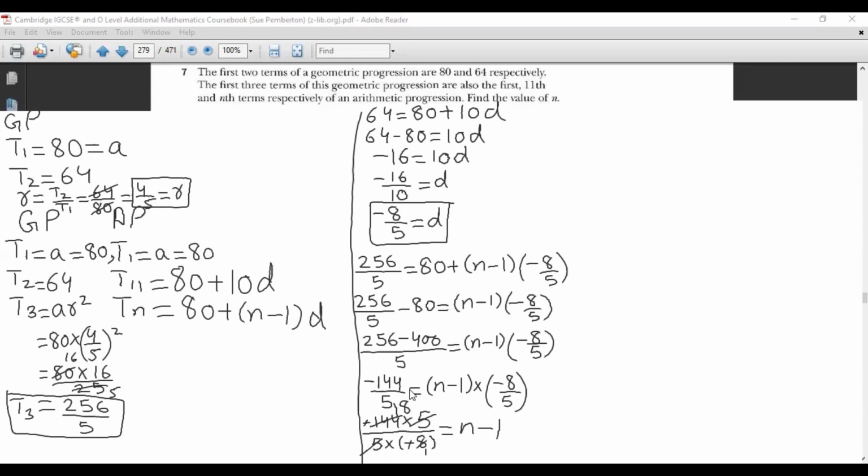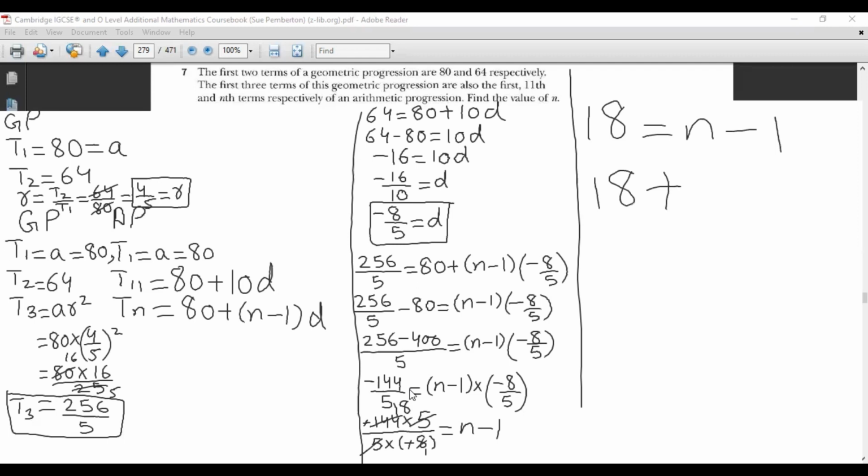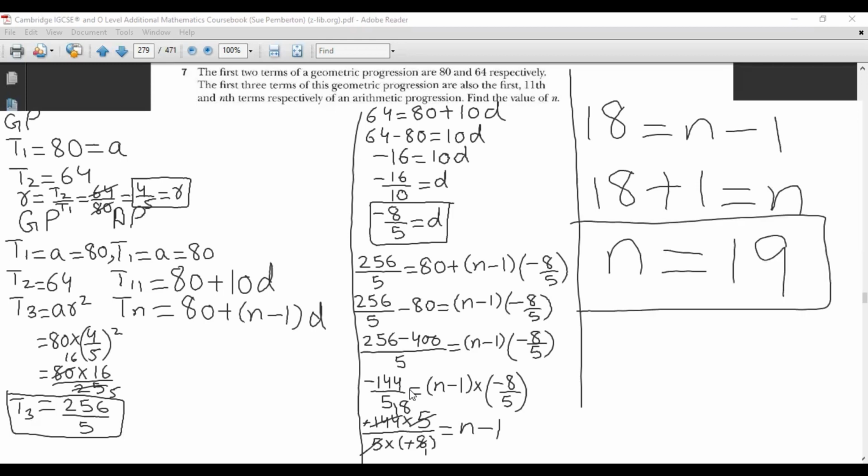So now I'm getting 18 equals n minus 1. Minus 1 shifted over here, 18 plus 1 equals n. So n equals 19 is the final answer which is required.